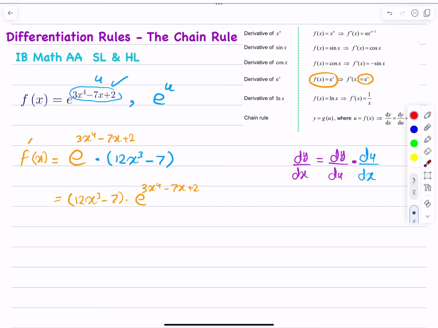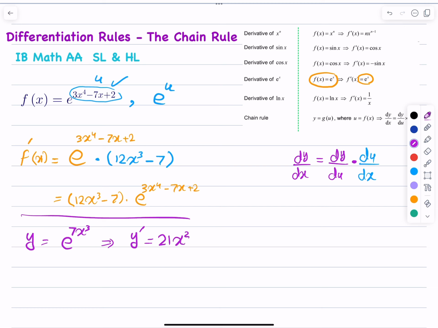To differentiate e to any power, first we differentiate the power and then we multiply by the same exponential function. Another example here. If we have y equals e to the power of 7x cubed, to differentiate it quickly, y prime will be, first we differentiate the power 7x cubed, which becomes 21x to the power of 2. Then we multiply by the same exact e to the power of 7x cubed.